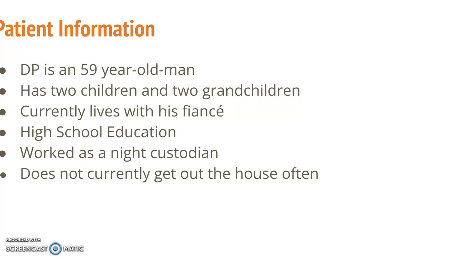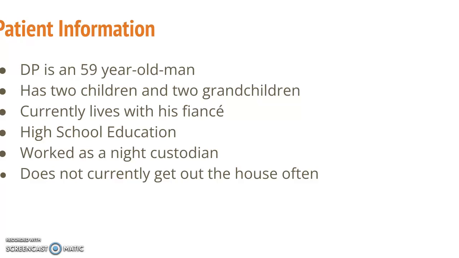DP currently uses a walker to get from place to place. Therefore, he relies a lot on Donna's assistance. He also explains that although he can cook for himself occasionally, he does have difficulty standing for long periods of time. DP currently holds a high school education. He worked as a night custodian, but now is currently retired.